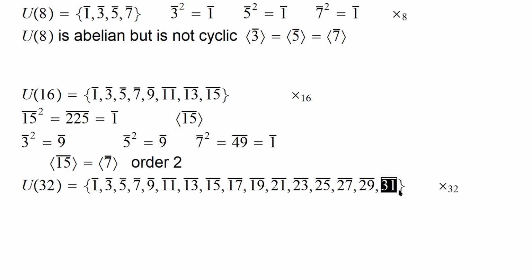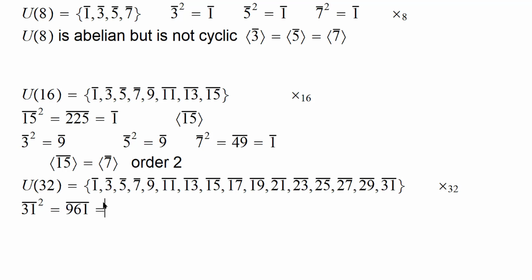And if I look at 31 squared, that is going to be the same as the class of what? 31 squared is 961.